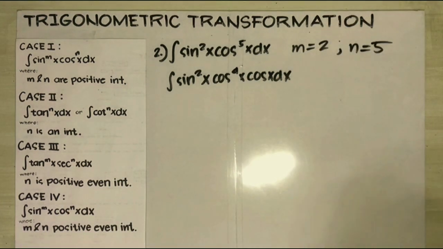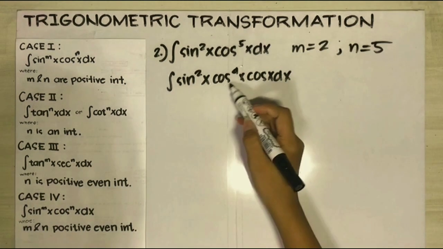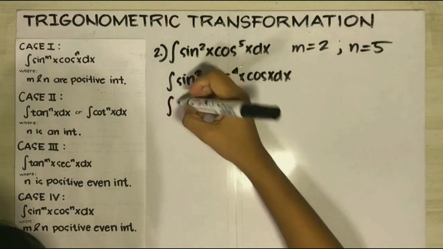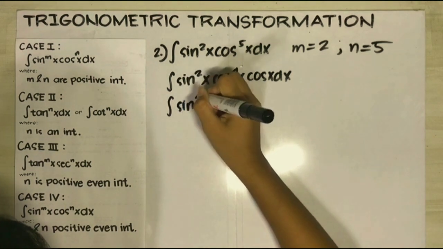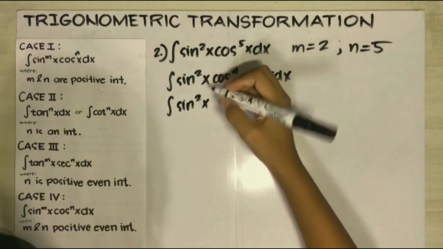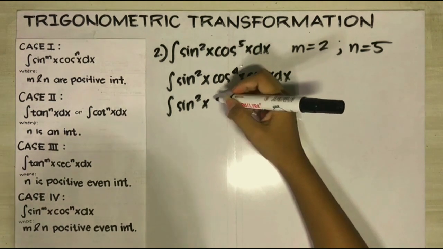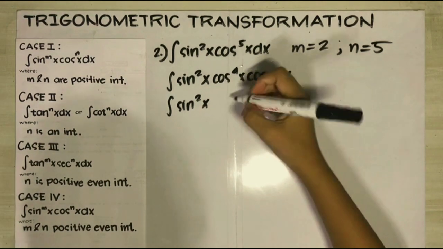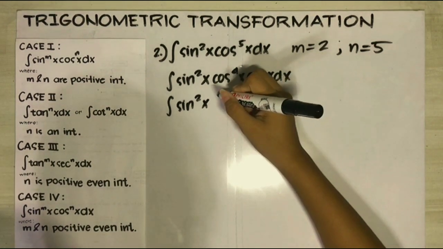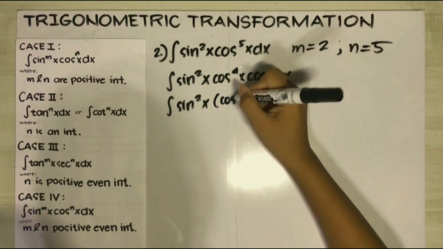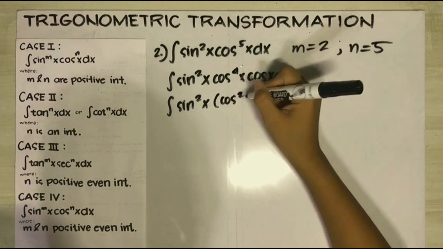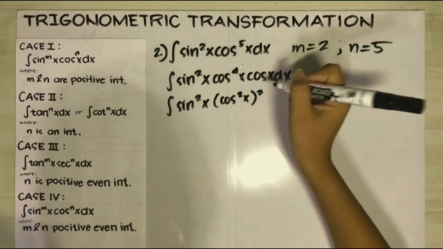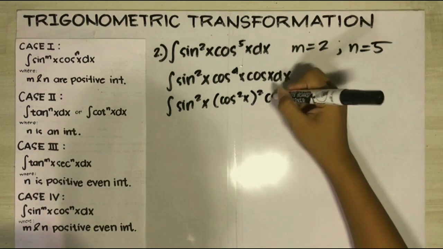So let's make this into cosine square x squared. So we can simplify using the identities for cosine square x. So let's rewrite this into the integral of sine square x times 1 minus sine square x squared cosine x dx.